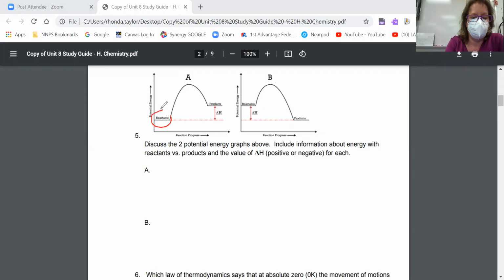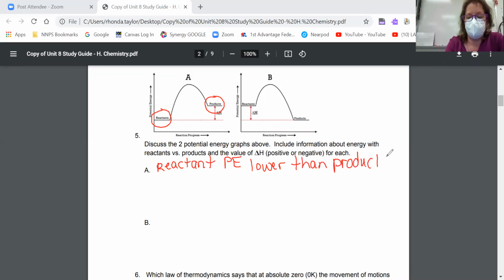Look at your reactants versus your products. So the first thing says include information about energy of the reactant. So reactant potential energy is lower. And potential energy, we are just going to abbreviate PE. Lower than product potential energy. Again, PE is potential energy.